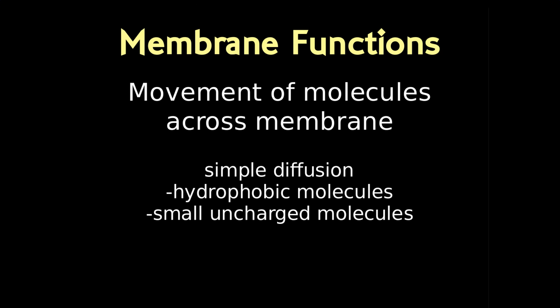If you're big and hydrophobic, it does not matter. You're not getting through. If you're small and charged or small and hydrophilic, you're also not going to be able to get through. And also, it has to be down its chemical gradient.